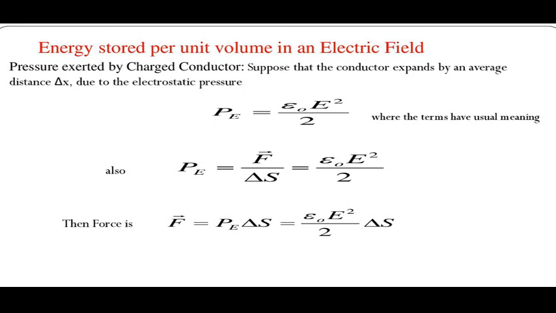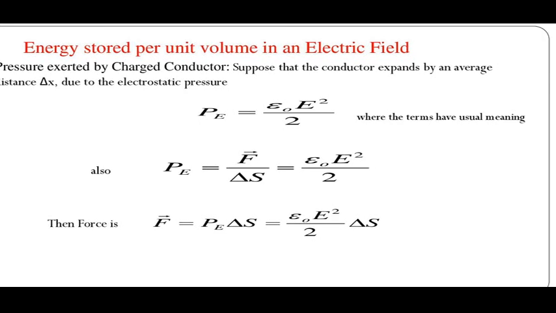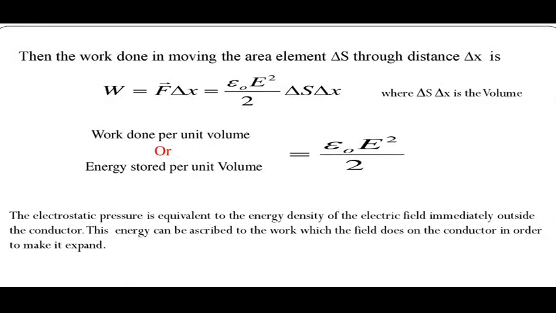So now we know that this is the force exerted by the charged conductor on this area element, and it has moved this area element through a small distance delta x. So in doing so, it is doing a certain amount of work. That work can be calculated as F times delta x, or it is equal to epsilon naught E square by 2 times delta S delta x.